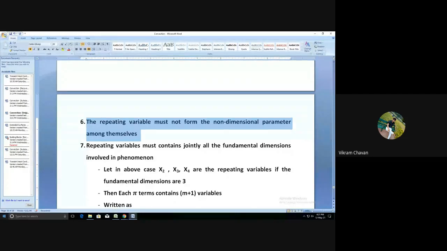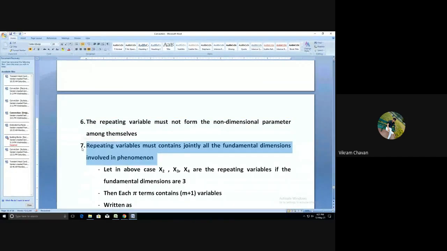And the seventh one, that is the last rule, is that repeating variables must contain jointly all the fundamental dimensions involved in a phenomenon.